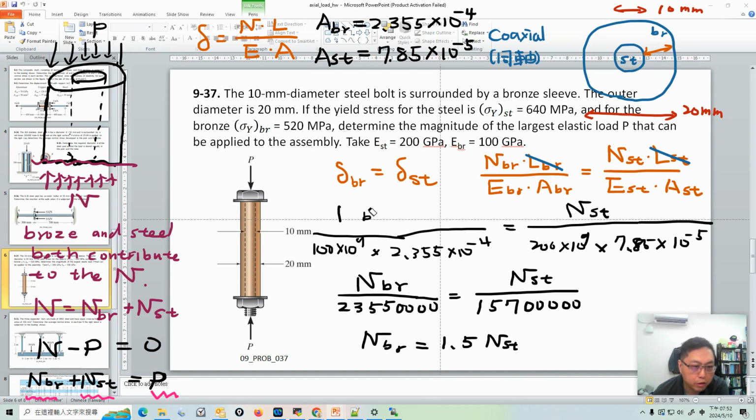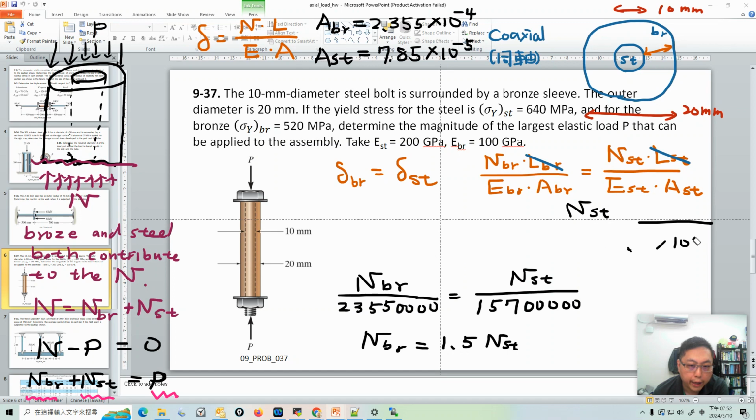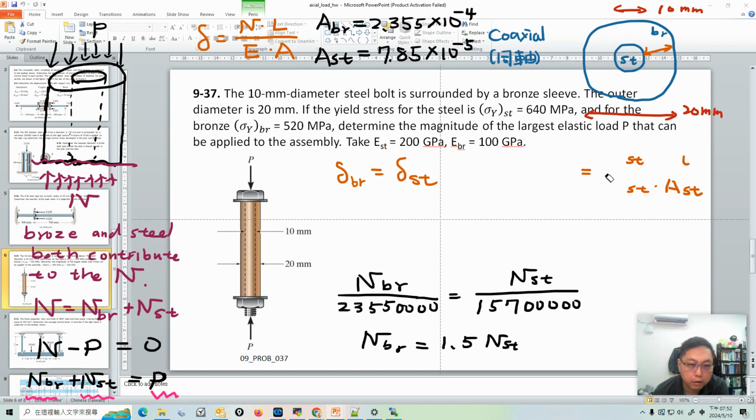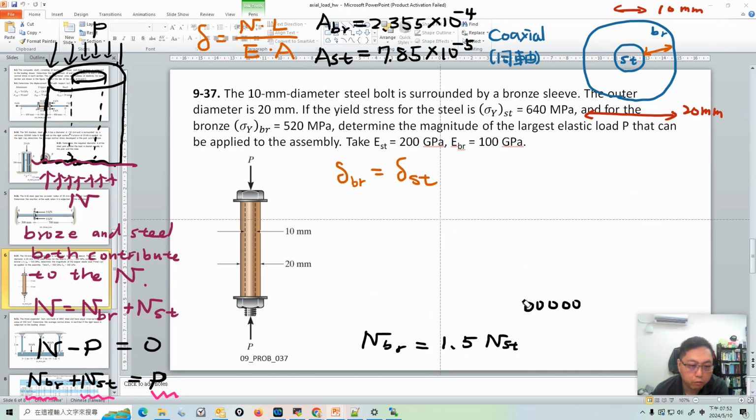Let me erase this part, and I'll write the information here. So here is N_BR equal to 1.5 N_ST.